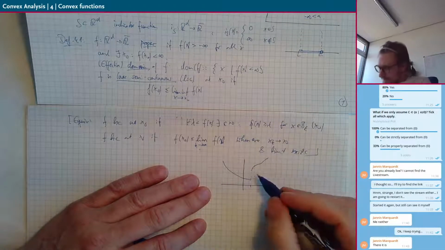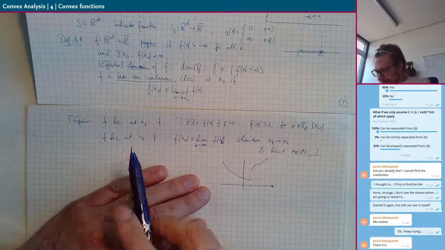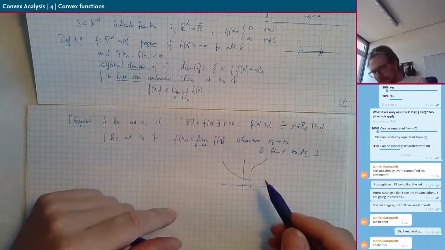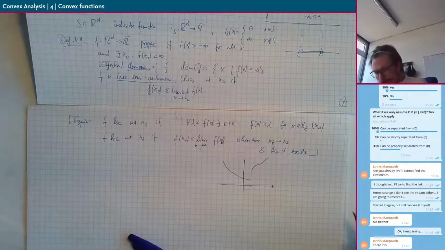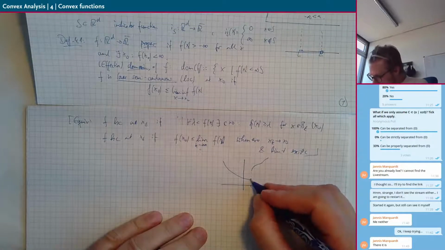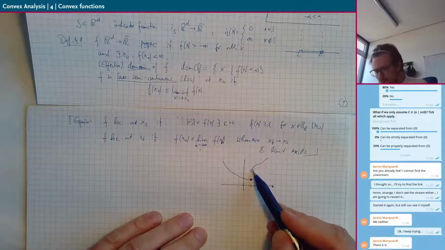It can't be here and there at the same time. But for lower semi-continuity, I'm allowed to jump down, so I can put the value at the lower end. This indicates the function value is not here, but it's there.